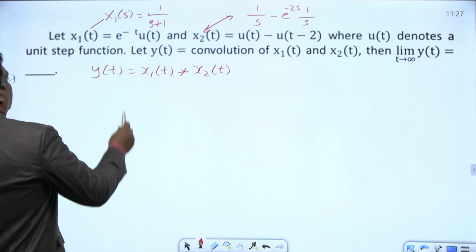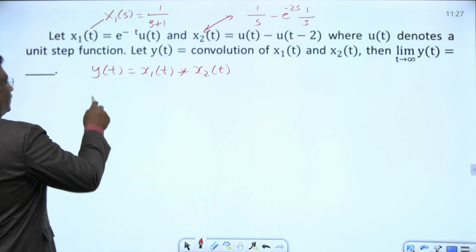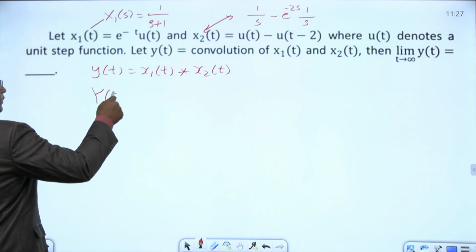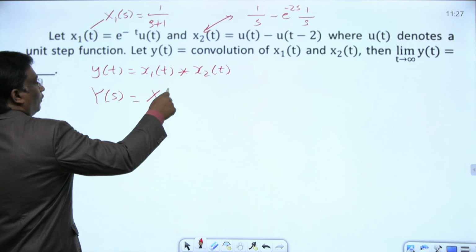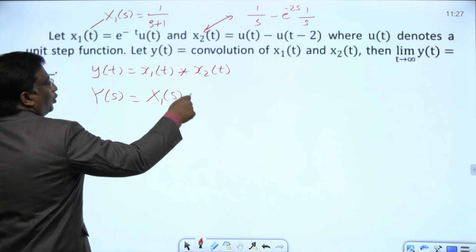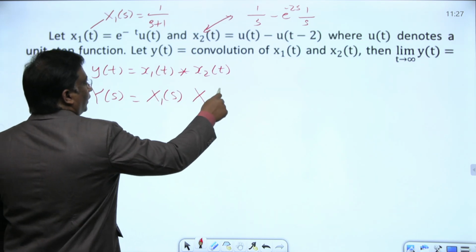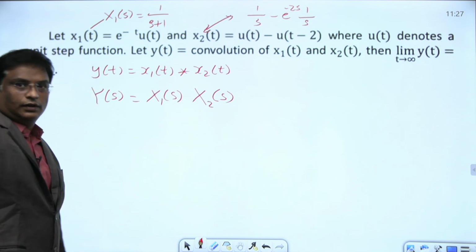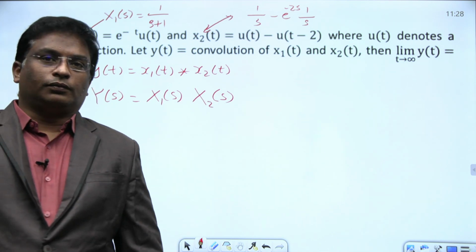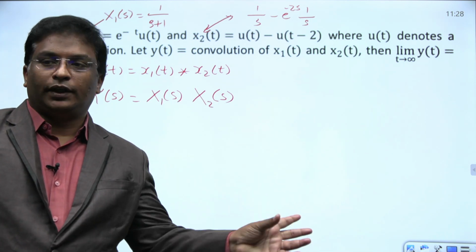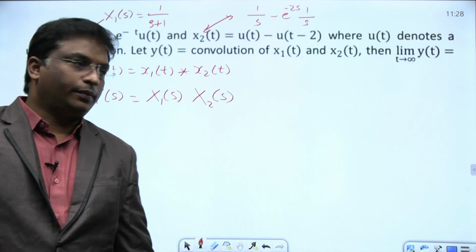Let us apply Laplace for y of t. Y of s equals x1 of s into x2 of s, since convolution in the time domain is nothing but multiplication in the frequency domain. Just make use of this.